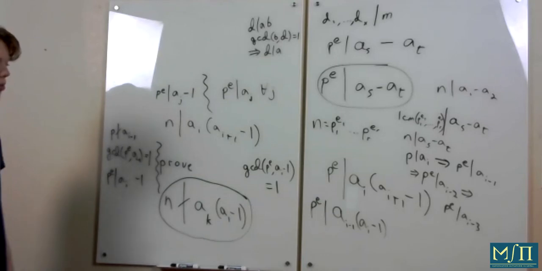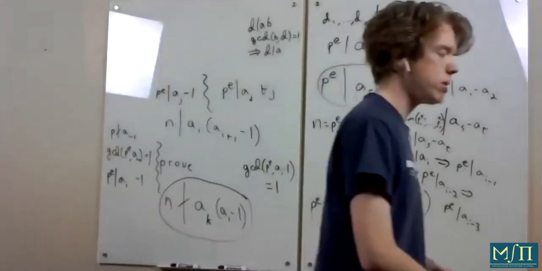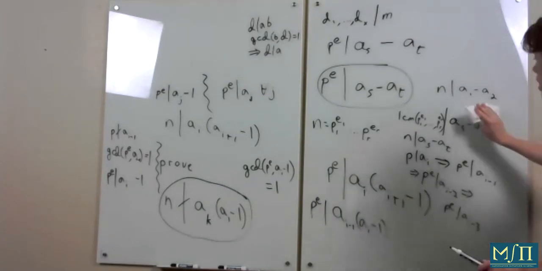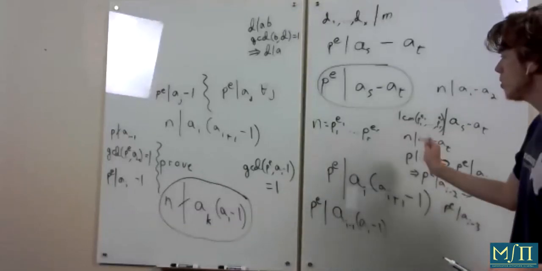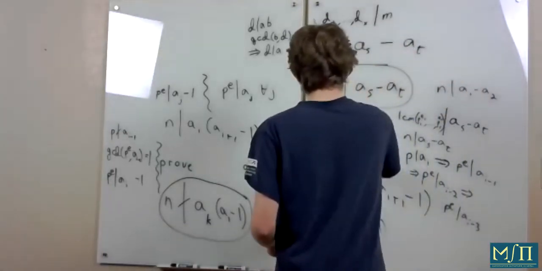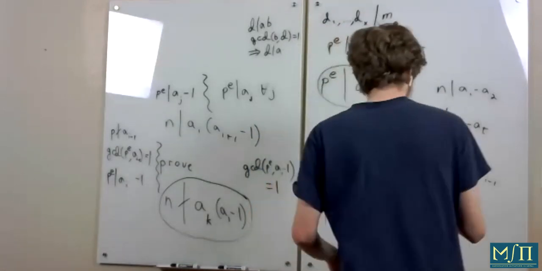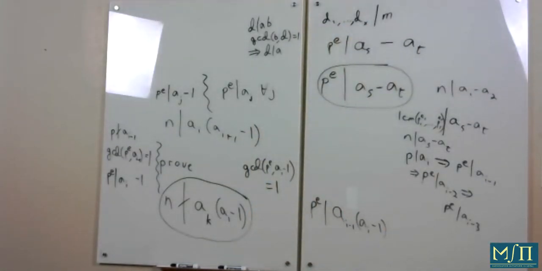An alternative way you could have done this problem, maybe in a slicker way, is to again assume for contradiction, and then look modulo n.